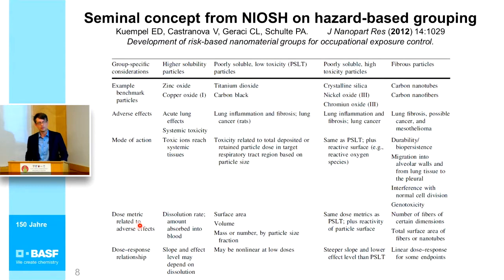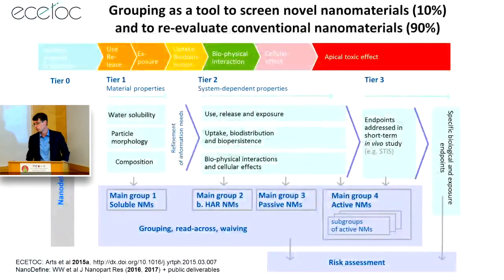They highlight that the dose metric may be different for these different groups. And this is now mirrored in the grouping concept or the grouping framework that we developed under the frame of ECETOC, the European Center for Toxicology and Ecology. It was published 2015 and follow-up 16.